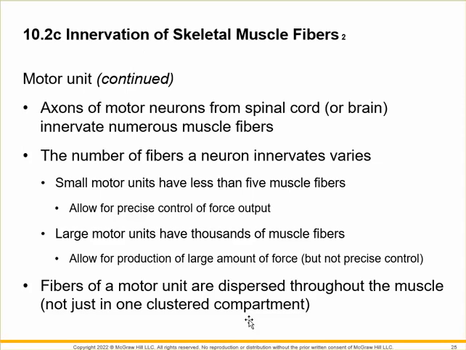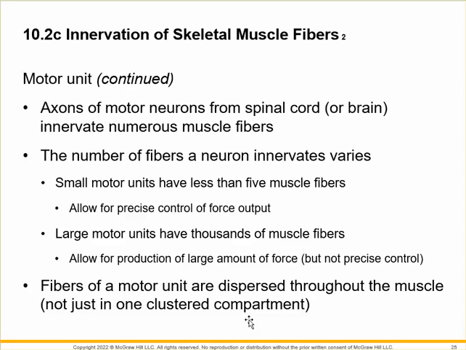We want lots of force in the glutes for running and climbing stairs and lifting our body weight and doing things like that. But we don't need a lot of control because it's kind of an all or nothing thing. When you're climbing stairs, you're lifting your body, and then you're not. So large motor units, lots of force, but not as much precise control.